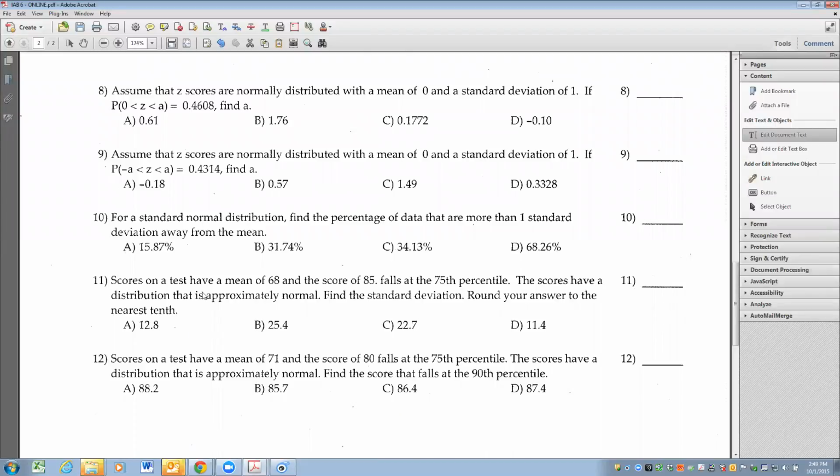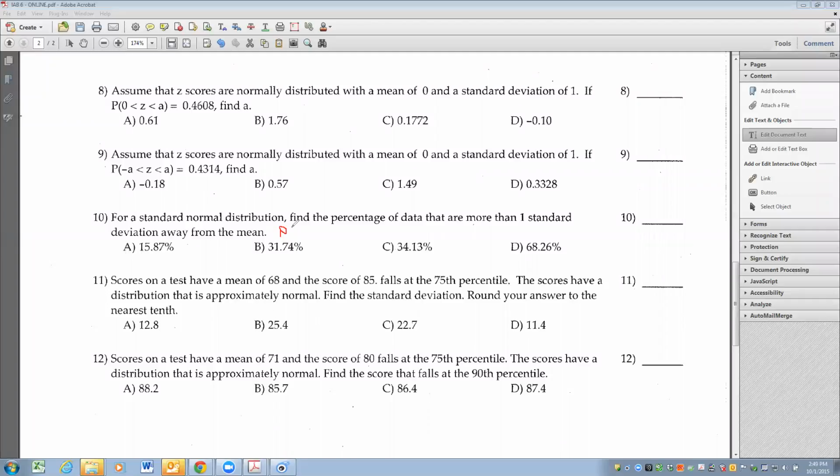The next three are similar to the percentile problems that we had. And it may be multiple steps in it. So for number 11, you want to find the probability of being more than 1 standard deviation away from the mean. Well, that corresponds to 1 standard deviation away from the mean.